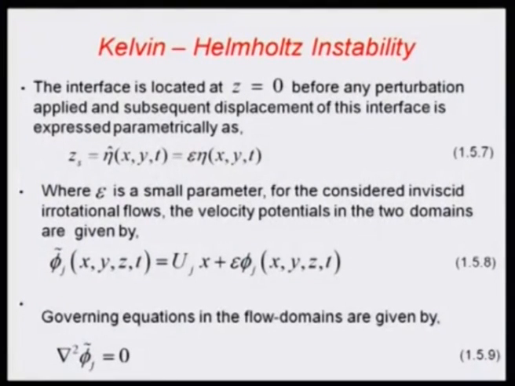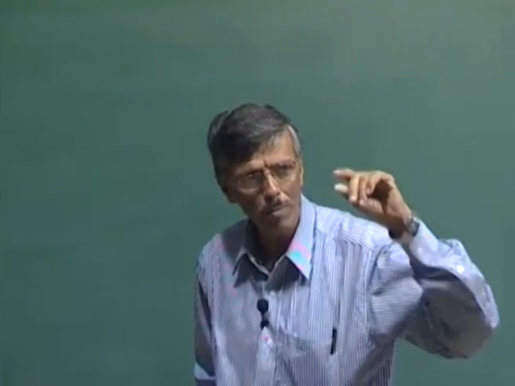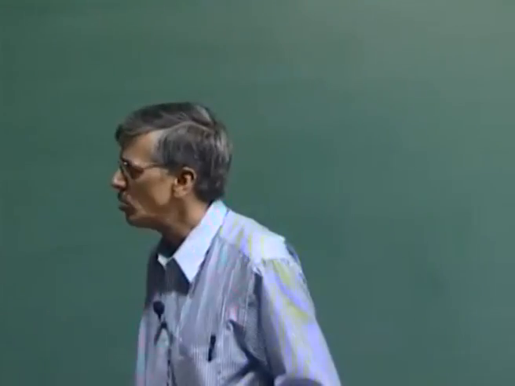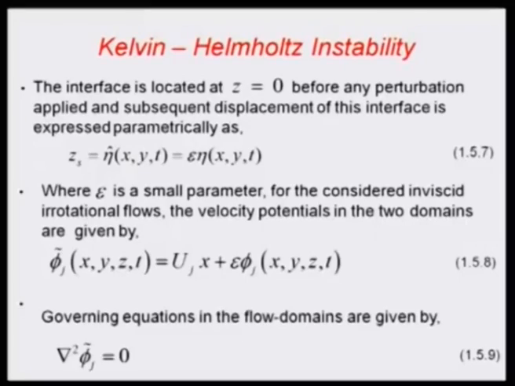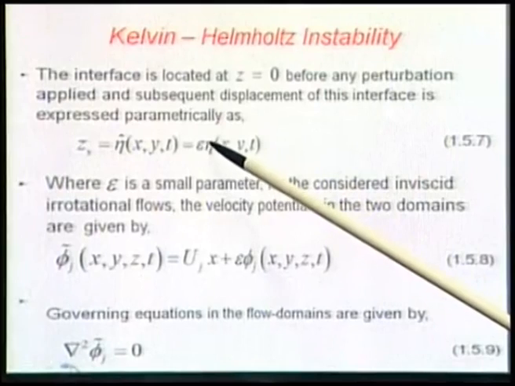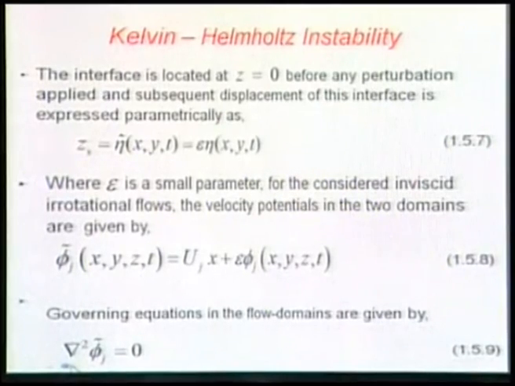And let us also keep our formulation simple by considering a small amplitude disturbance. Okay. So, that smallness of the disturbance amplitude is prescribed by this quantity epsilon, right.